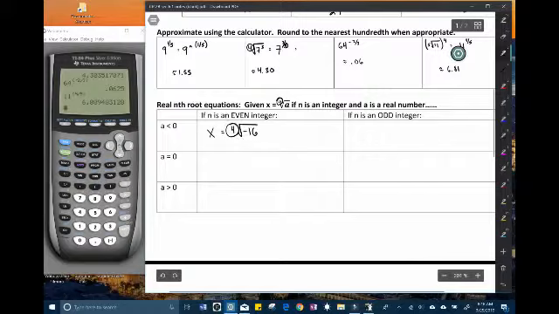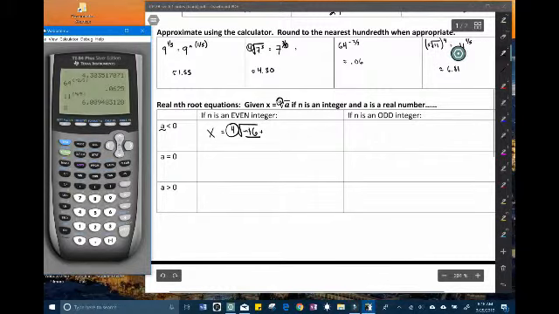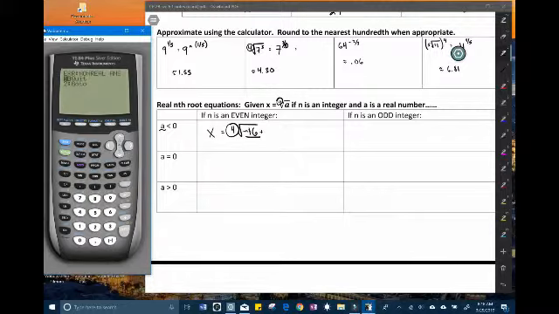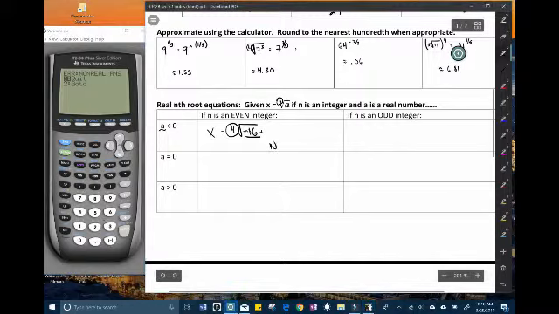Well, if the index is even and the number inside is negative, we cannot solve. You can actually try that in your calculator. If you try and take the square root of a negative number, it's going to yell at you, non-real answers. So there are no real roots.